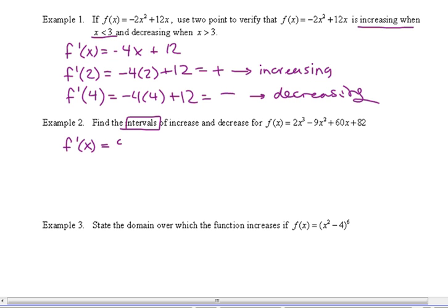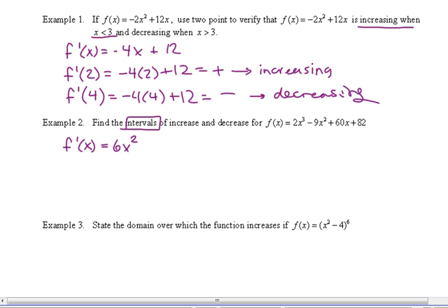Okay? So 8x, yes, it is, minus, I am obviously pulling a Johnson. Okay, minus 18x plus 60.